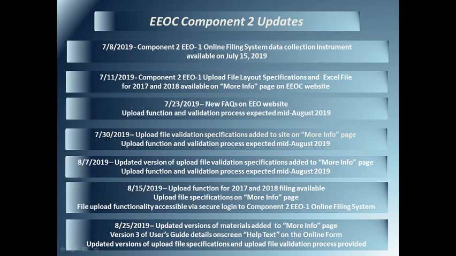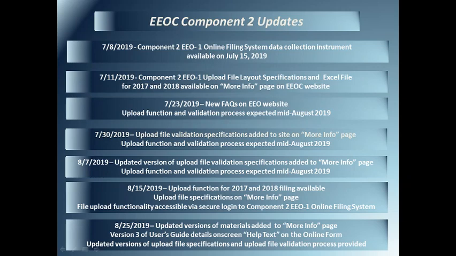This functionality is accessible after securely logging into the Component 2 EEO-1 online filing system via the Login to File page. Finally, on August 25th, the updated versions of materials was added to the More Info page.